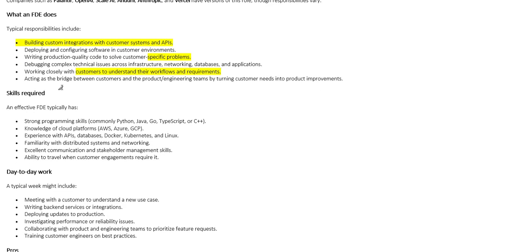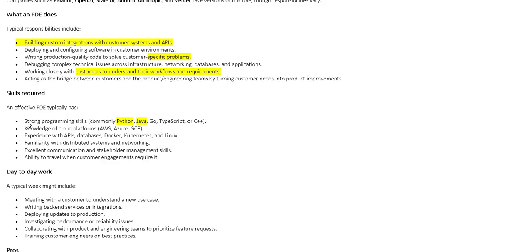And you can also go through these roles closely. The required skills for this, in general, and I will also give a few skills in the area: strong programming skills, commonly Python, Java, Go, TypeScript, and C++.